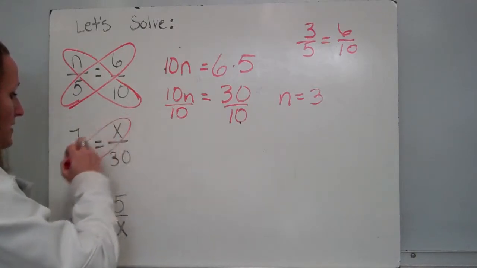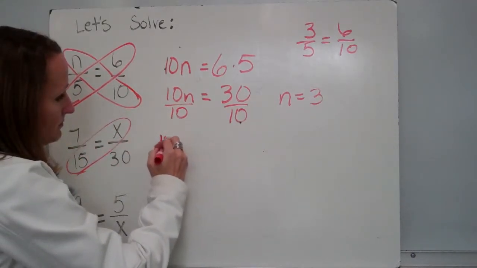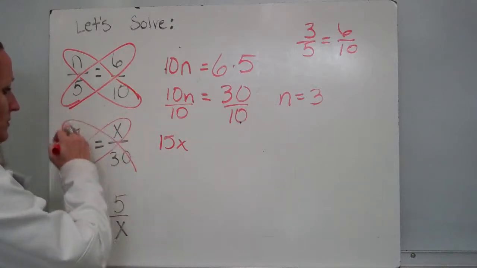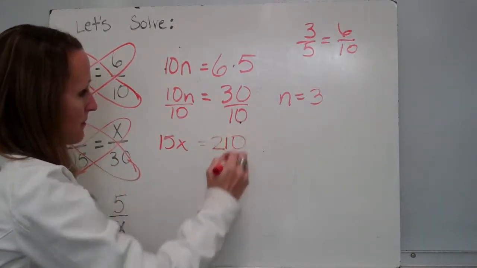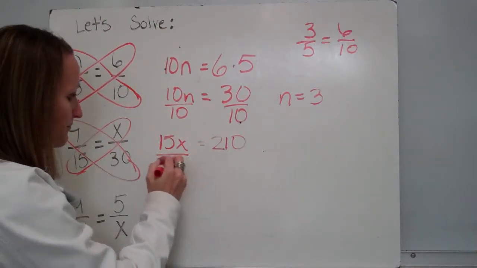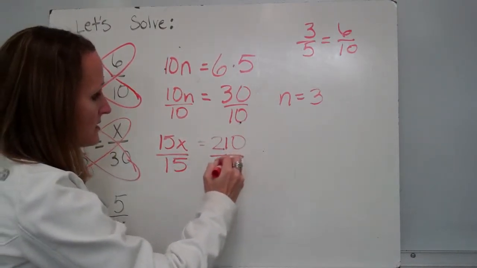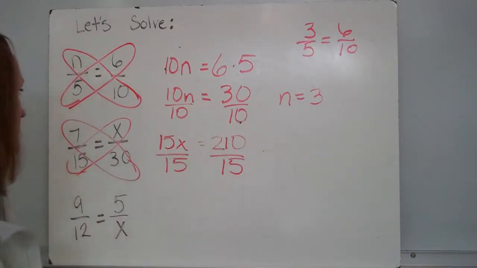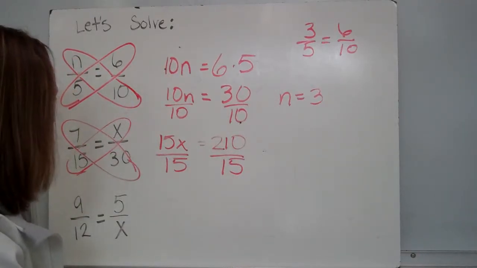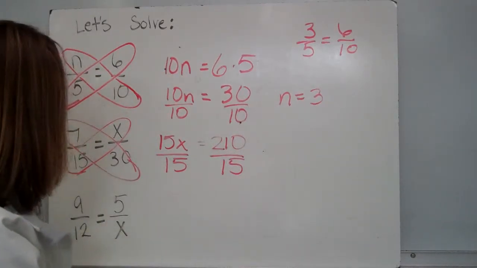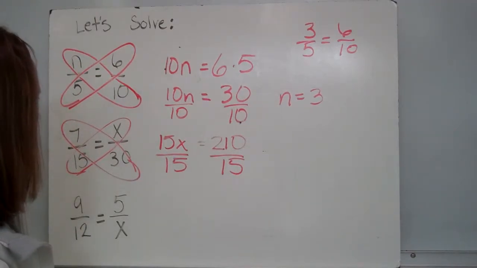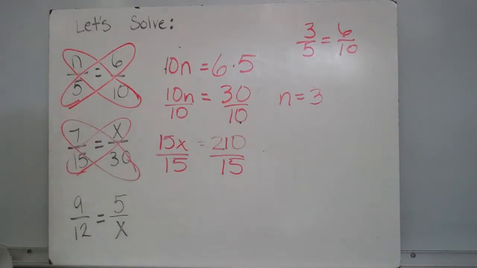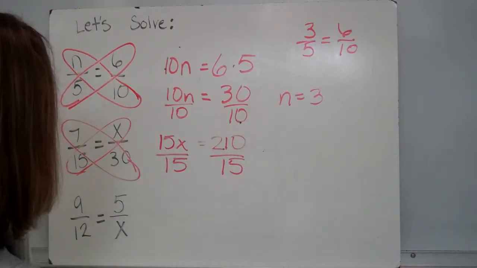If I cross multiply, I get 15x. Cross multiplying here, 7 times 30, that is 210. So if I divide both sides by 15, I'm certainly getting a number larger than 2. Did I multiply that wrong?